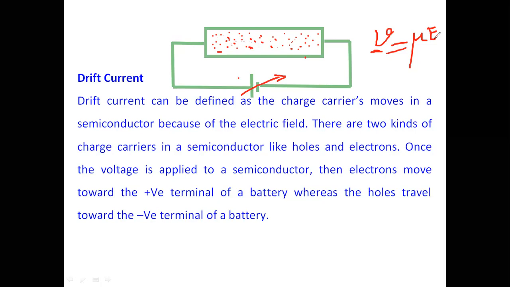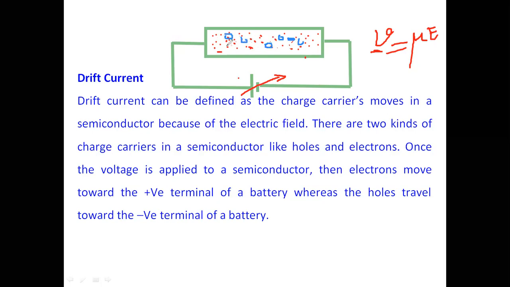If the material is a semiconductor, it has both charge carriers, electrons and holes, present inside it. So what will happen?